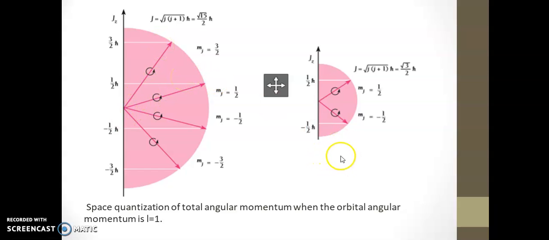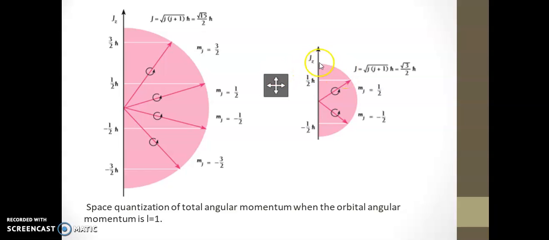When j is equal to half, mj can have 2 possible values: mj equal to plus half and mj equal to minus half. So there are 2 possible orientations for the total angular momentum such that its z component is half times h bar and minus half times h bar.